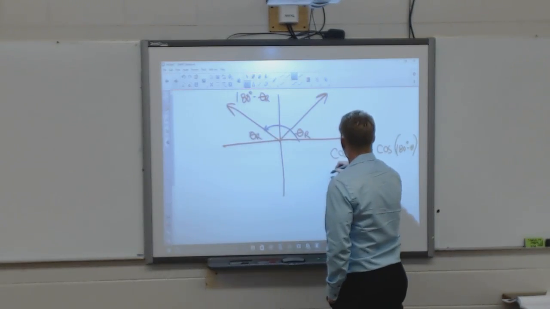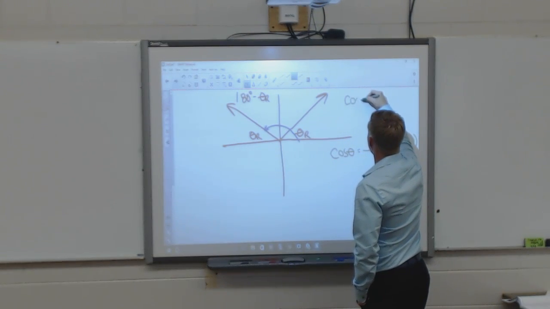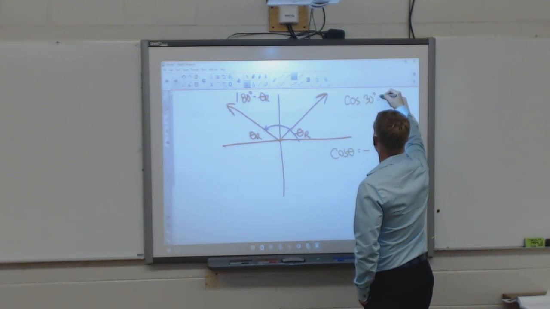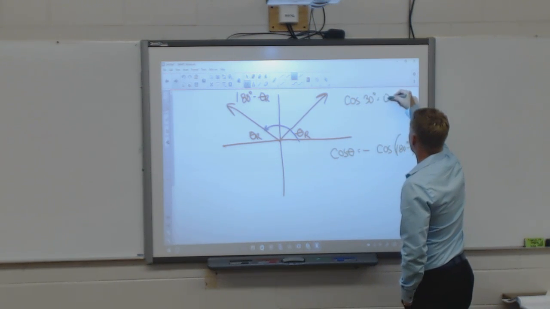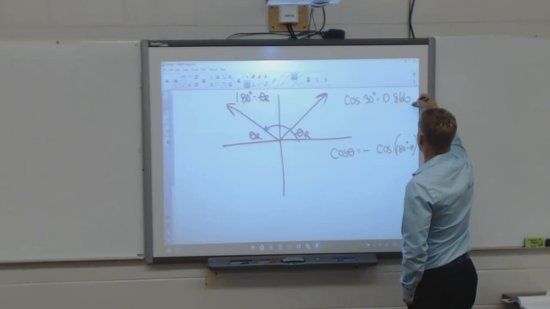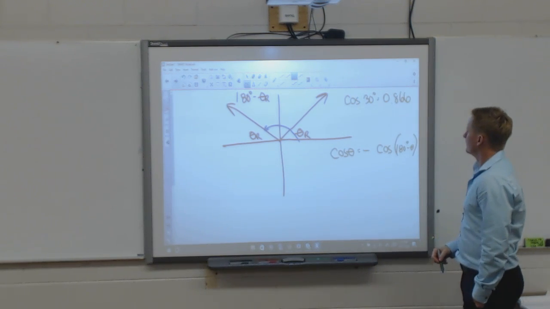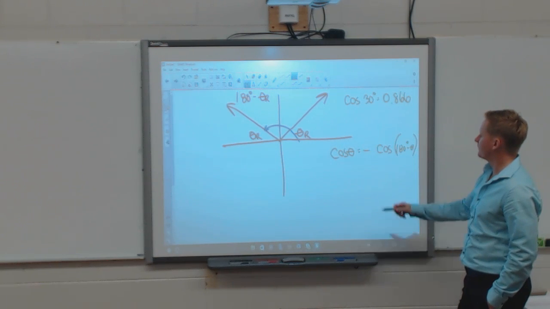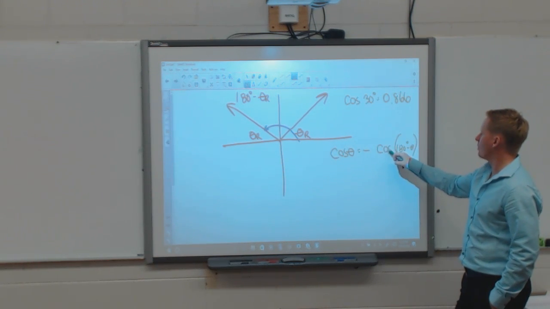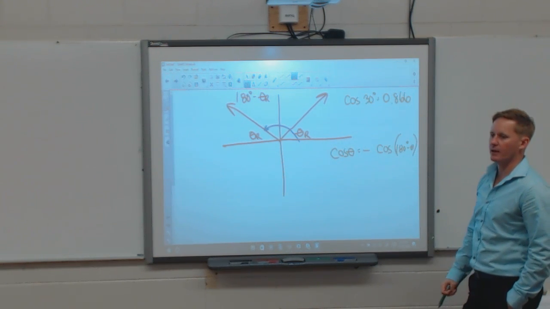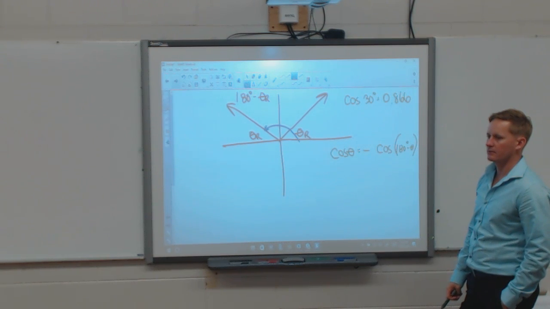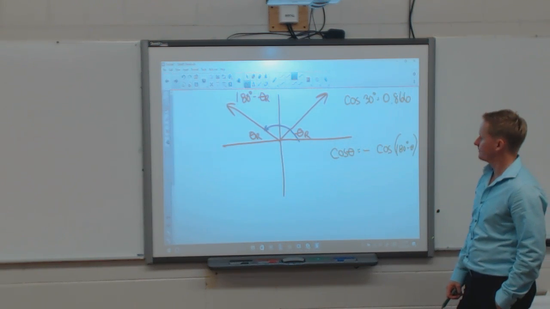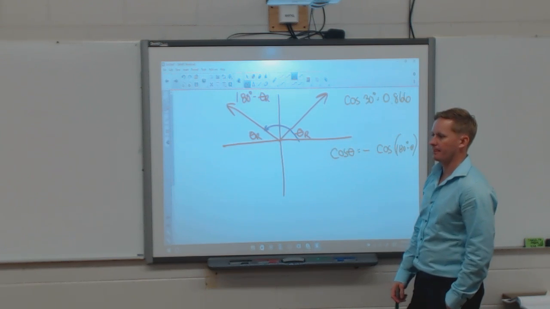Find out for me what the cos of 30 degrees is, please. 0.866. So what's the supplementary angle to 30 degrees? 150. So go negative cos 150 and see if you end up with the same answer.